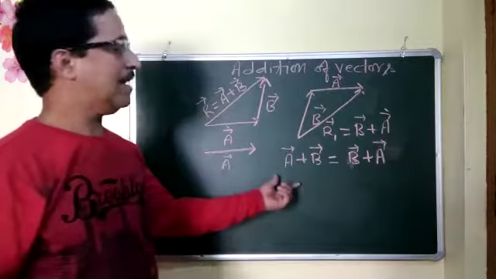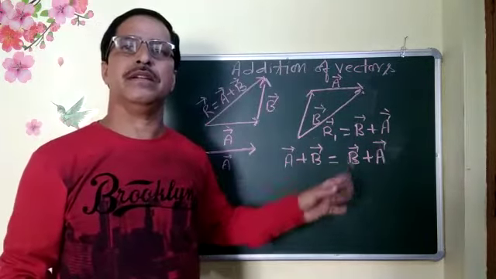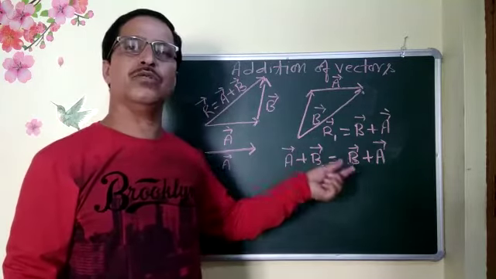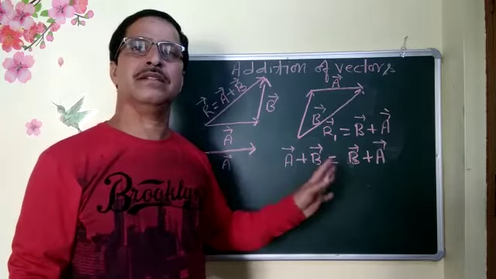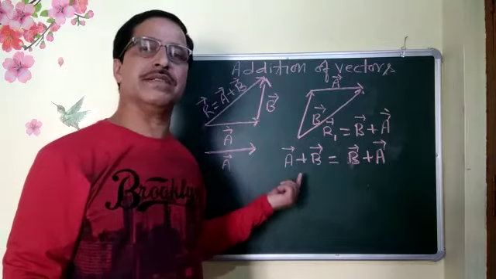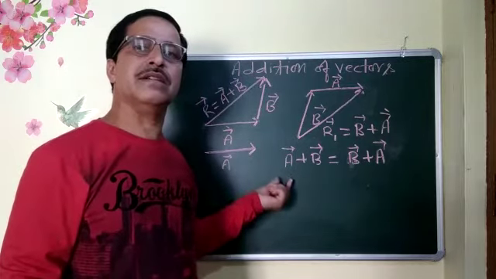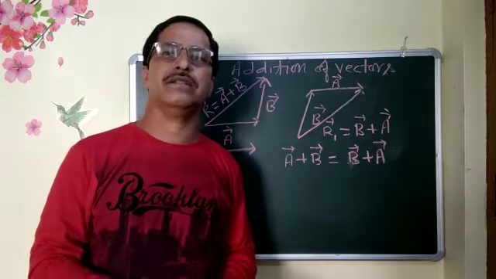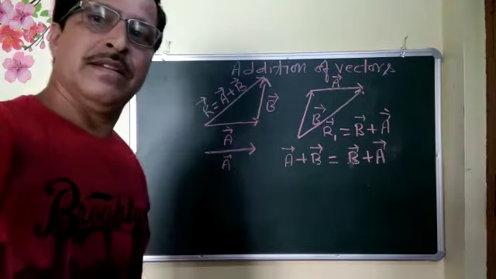That is A plus B equal to B plus A. It means no matter which vector we take on which side becomes immaterial. A plus B or B plus A, we can take any vector first and then add the second to it. The resultant will be the same always.